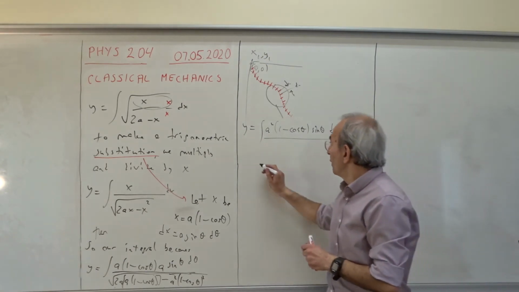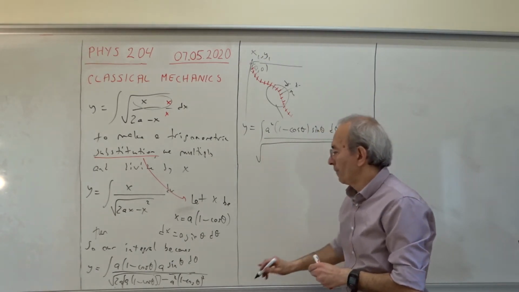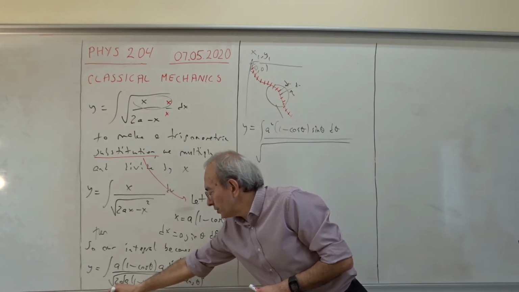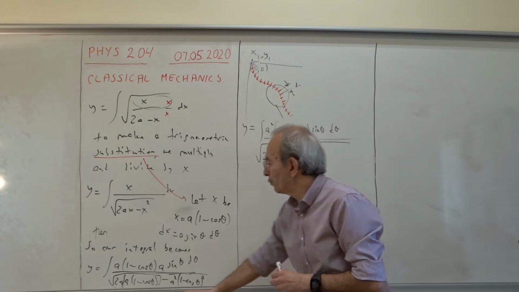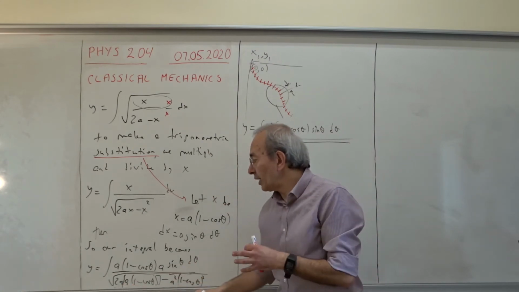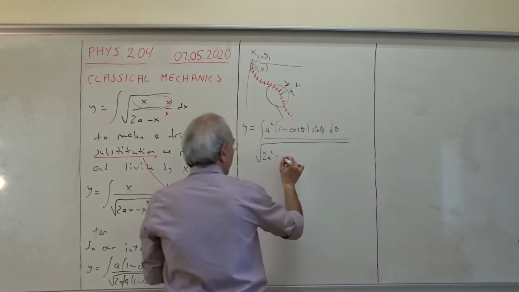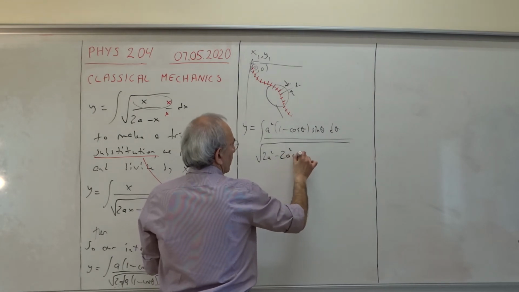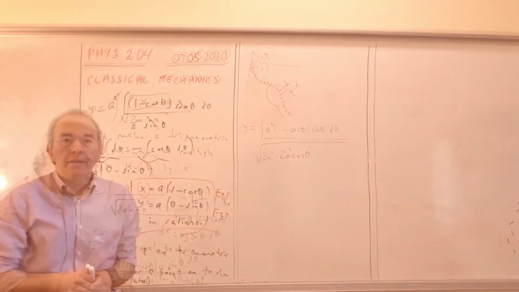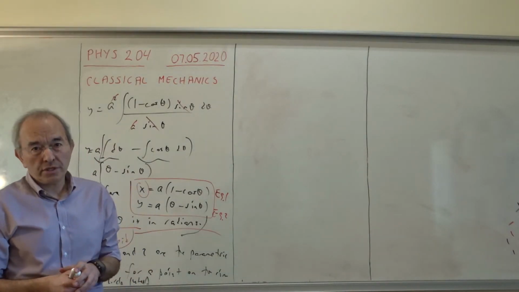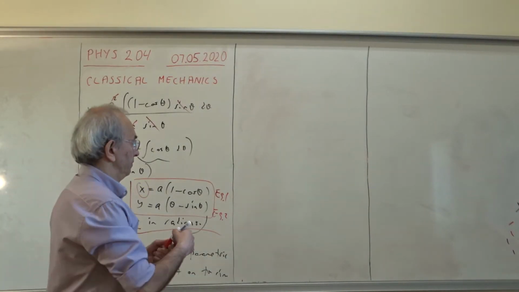We have in the root, open the parentheses, so this is 2a squared for the first term, 2a squared minus 2a squared cosine theta, 2a squared once. Now let us solve some examples using these principles.